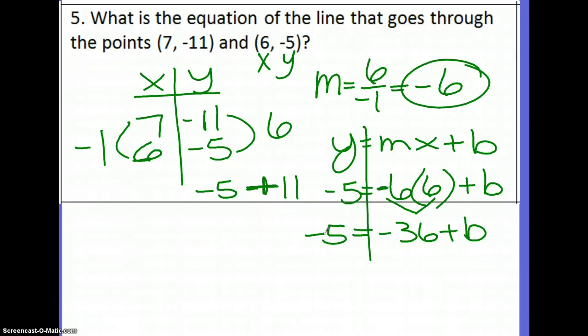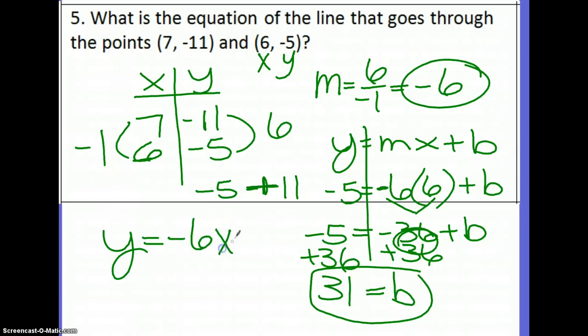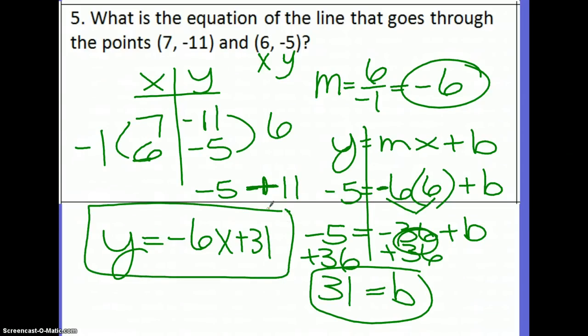We want to get b by itself, get 0, so plus 36, plus 36. So b is 31. And finally, we write out the equation y equals negative 6x plus 31. That is our equation.